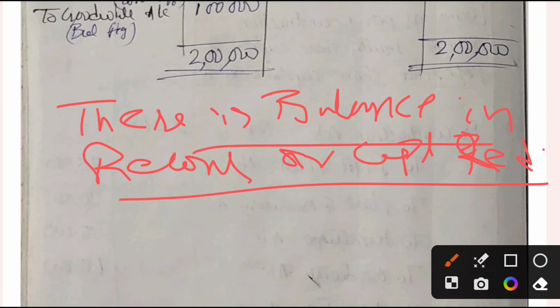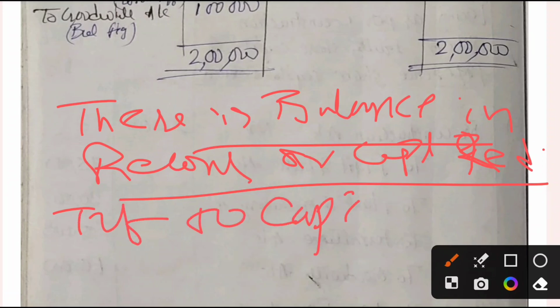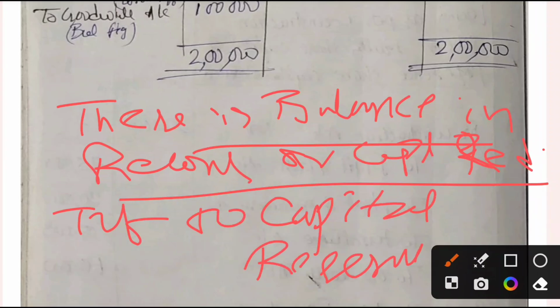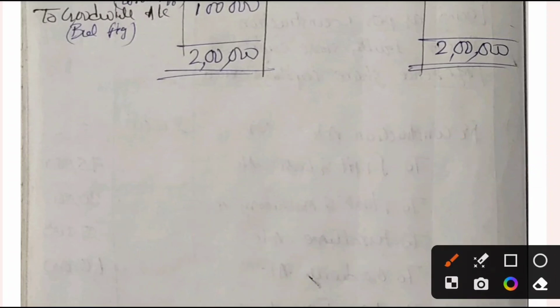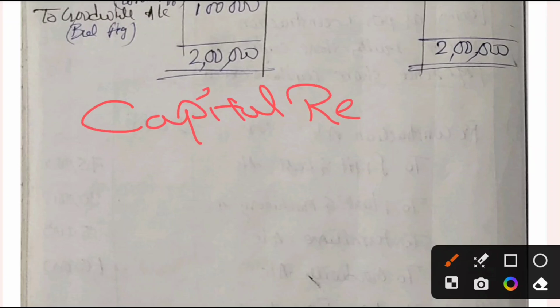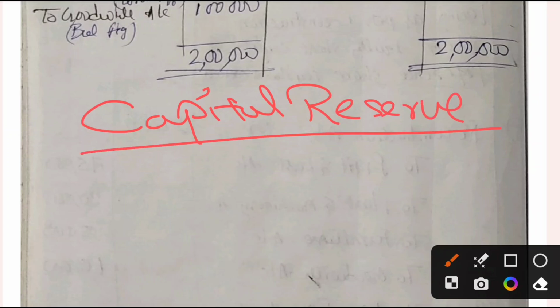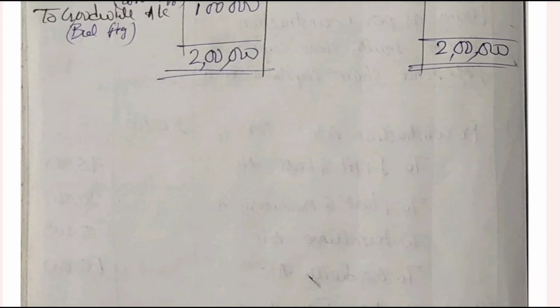That balance should be transferred to capital reserve account. Where should it be transferred? Capital reserve. If nothing is given in the question, and there is a balance in reconstruction account or capital reduction, which account? Capital reserve. If nothing is said, balance in internal reconstruction or capital reduction will be transferred to capital reserve account. So hope you have understood this one.